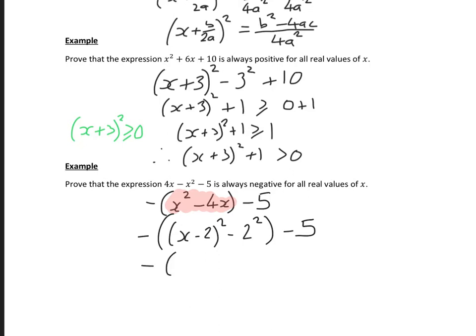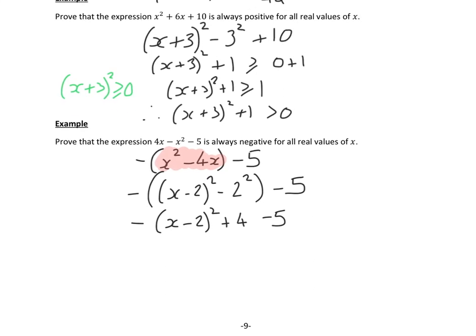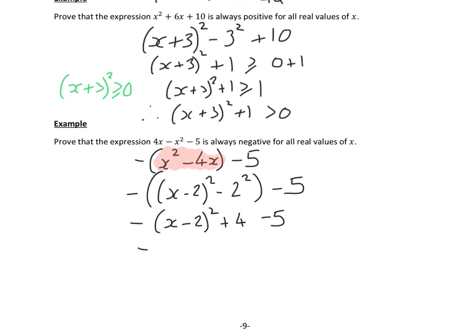So I get minus x minus 2 squared. The minus and minus makes a plus, and 2 squared is 4, so I get plus 4 minus 5. So I get minus x minus 2 squared minus 1. And from the same idea before, x minus 2 squared is a square number, so it's always bigger than or equal to 0.